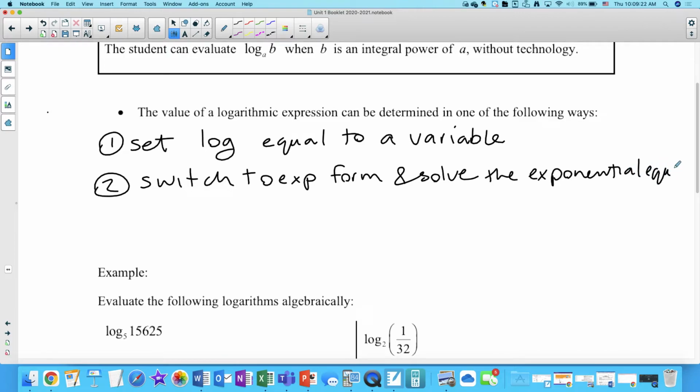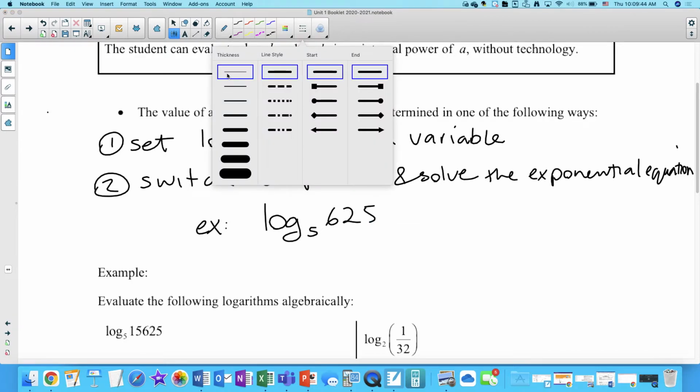So for example, if I wanted to know log base 5 of 625, and I wanted to know what's the value of that, what I can do is set this equal to a variable.